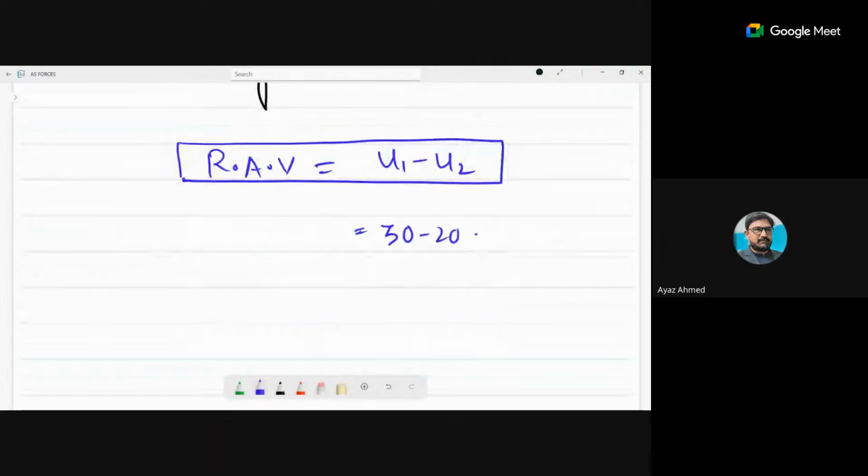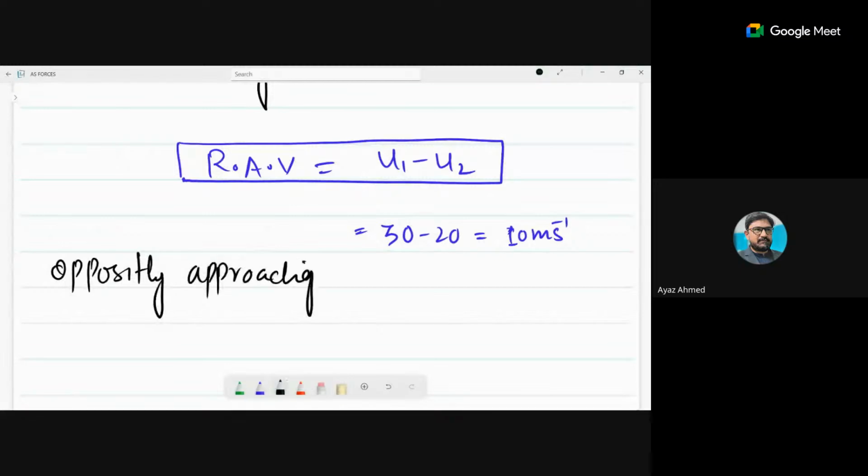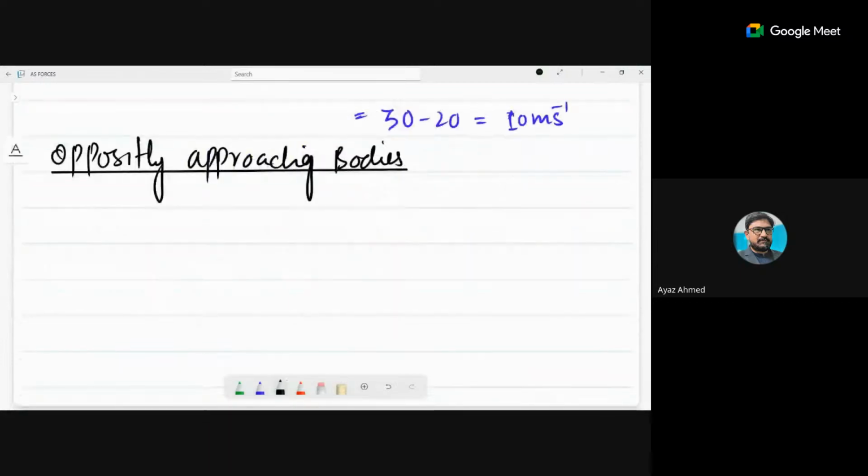Now if the bodies are moving in opposite directions, for oppositely approaching bodies, the concept is a bit different just due to the direction of motion. For example, this is your car or body m1 moving with velocity u1, and there is another body m2 moving towards it with velocity u2.